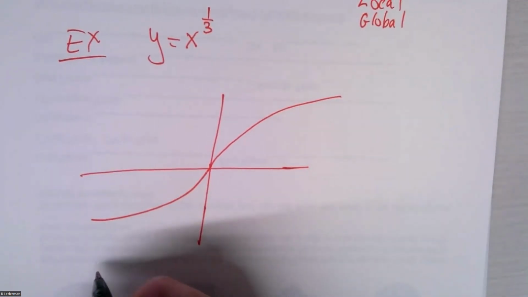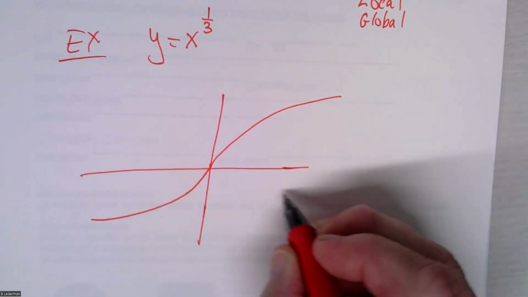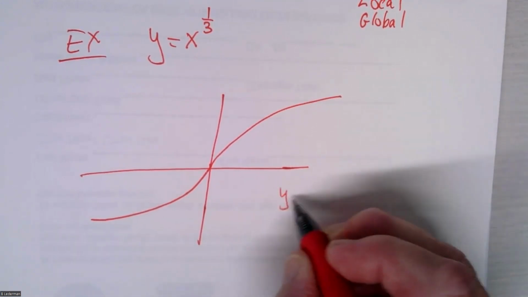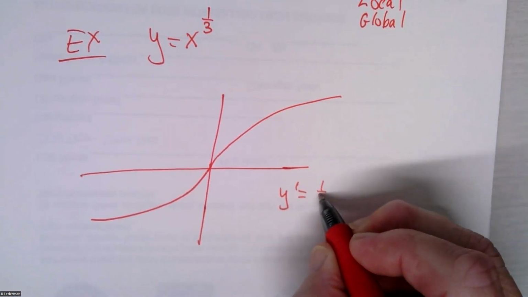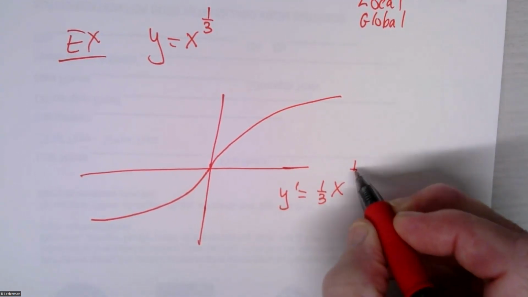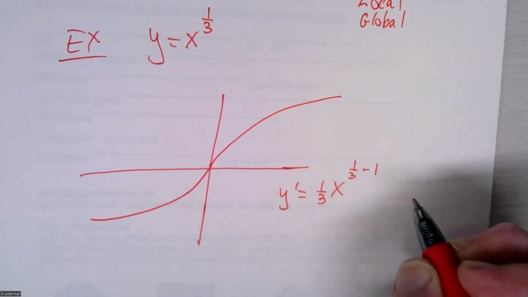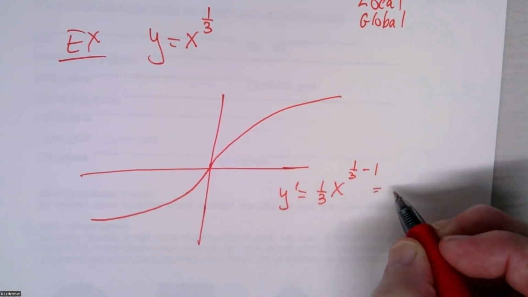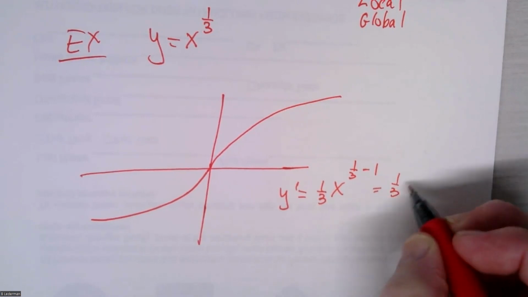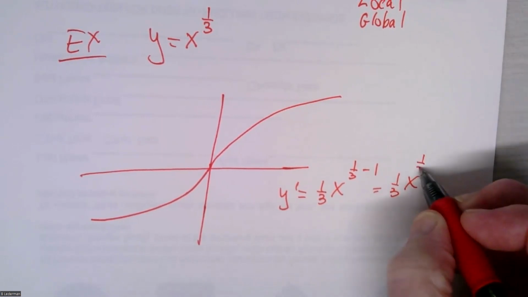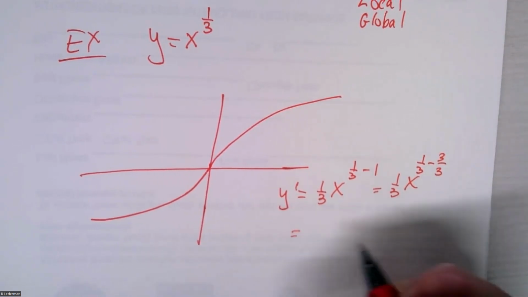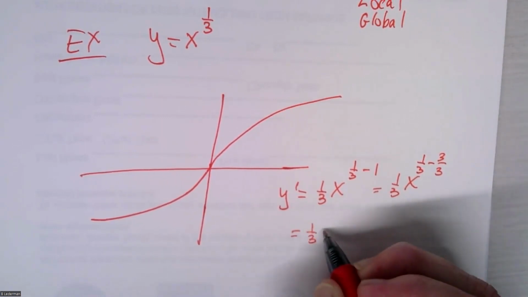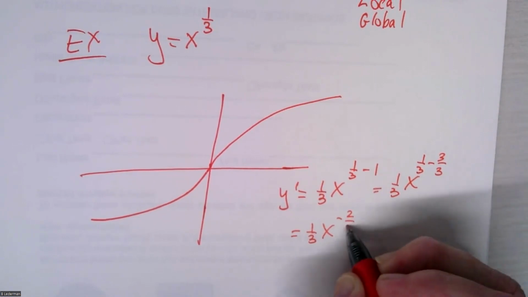If I take the derivative, y prime equals 1/3 times x to the 1/3 minus 1, which is the same thing as 1/3 x to the 1/3 minus 3/3, which is 1/3 x to the negative 2/3.